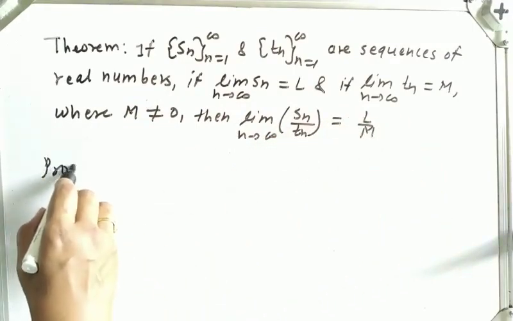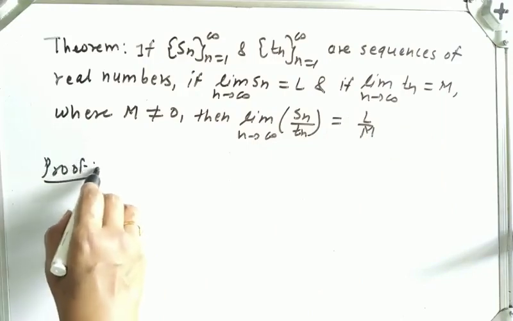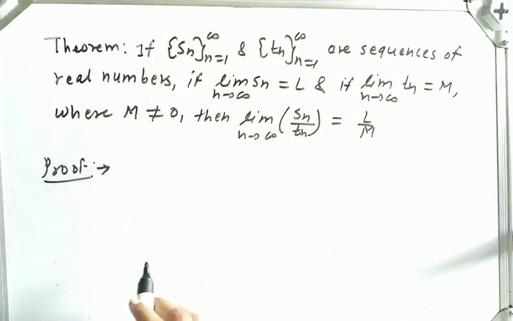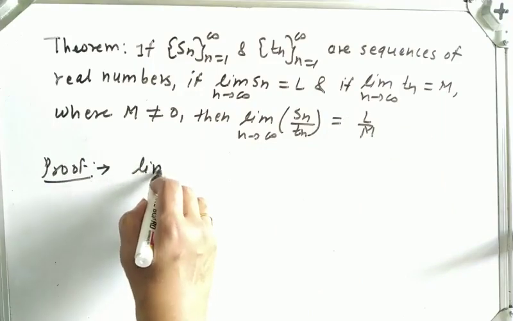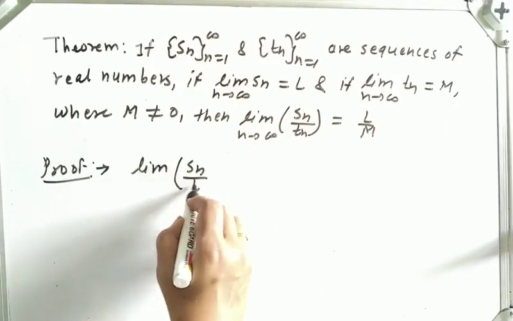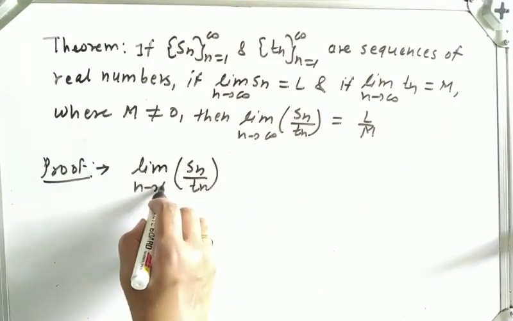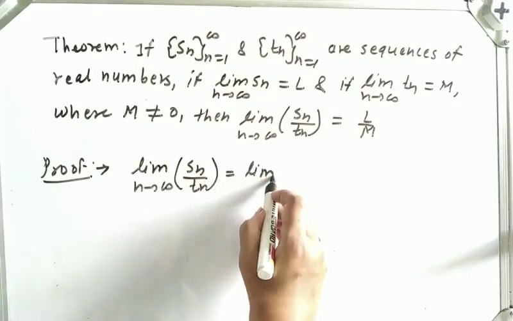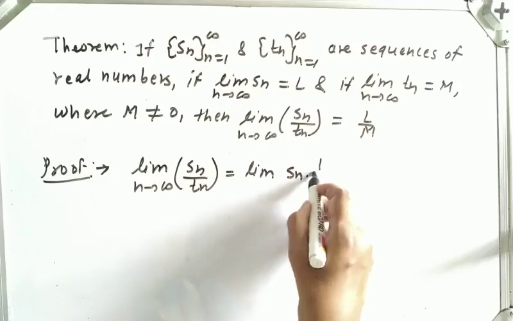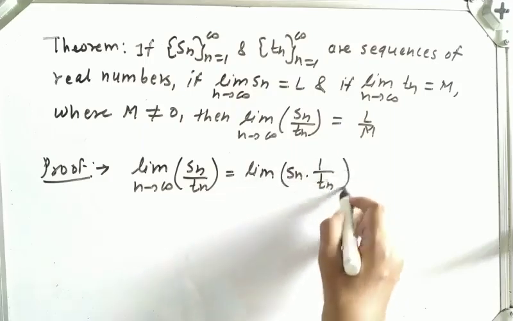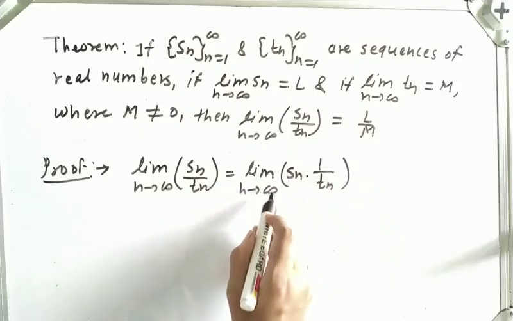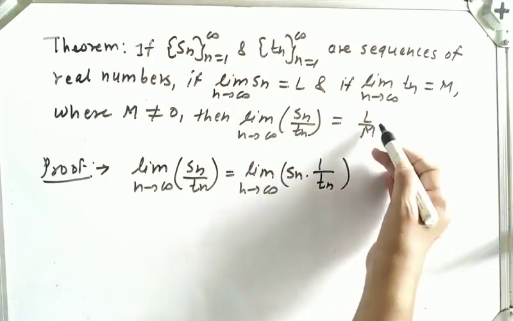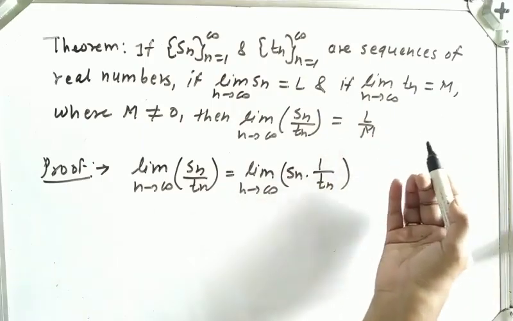So its proof is very easy. Using the previous proofs of two theorems, we can write the limit of Sn upon Tn as n tends to infinity. It's the same as the limit of Sn into 1 upon Tn as n tends to infinity, using star and star dash.